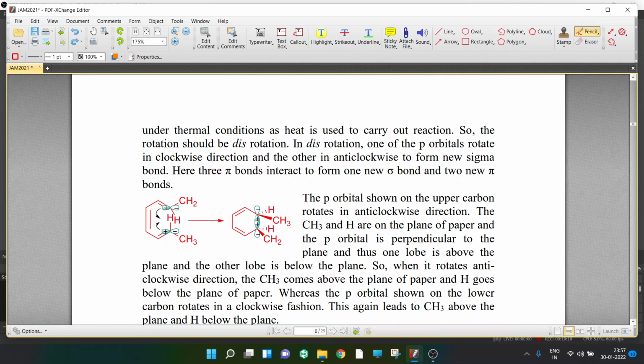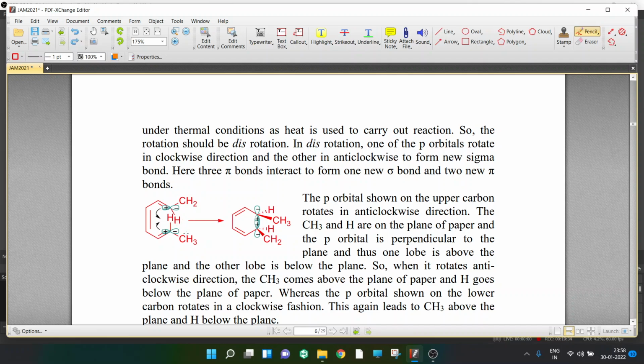And therefore, when you are rotating like this, what happens? This is rotating. So this CH3 and H is there. So CH3 is going up, H is going down. Whereas when you are putting this down here, what is happening? CH3, sorry, I wrote by mistake CH2, it is CH3. So this CH3 is coming up and this H is going down. Please don't move ahead if you don't understand. This is very simple.